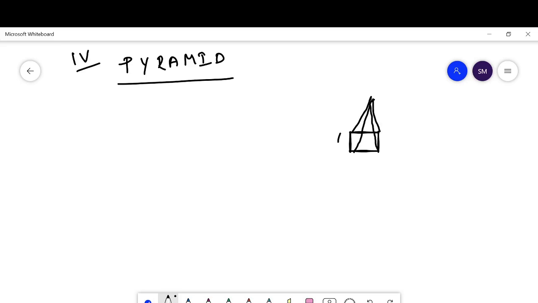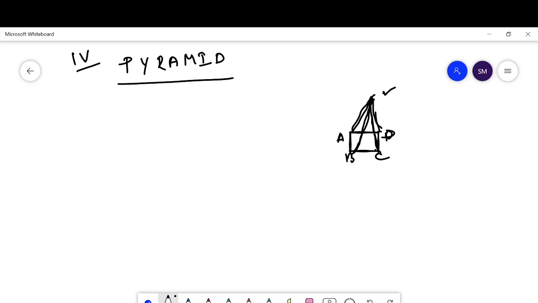Okay. Here A, B, C, D is a square face, the base, and all the vertices of the base are joined to a single point.